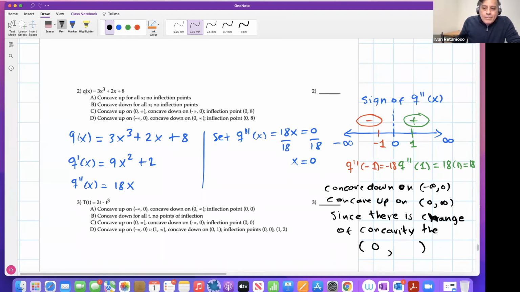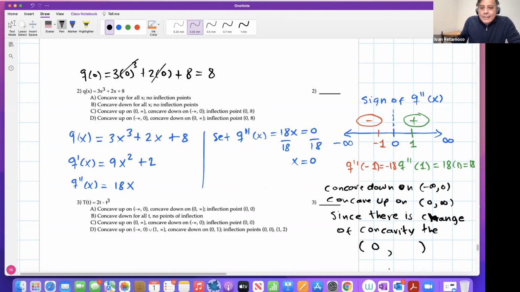But what is the partner of 0 via this function? Well, I evaluate my original function. Be careful with that. It's the original function that must be evaluated. And I quickly realized that the partner of 0 is 8.